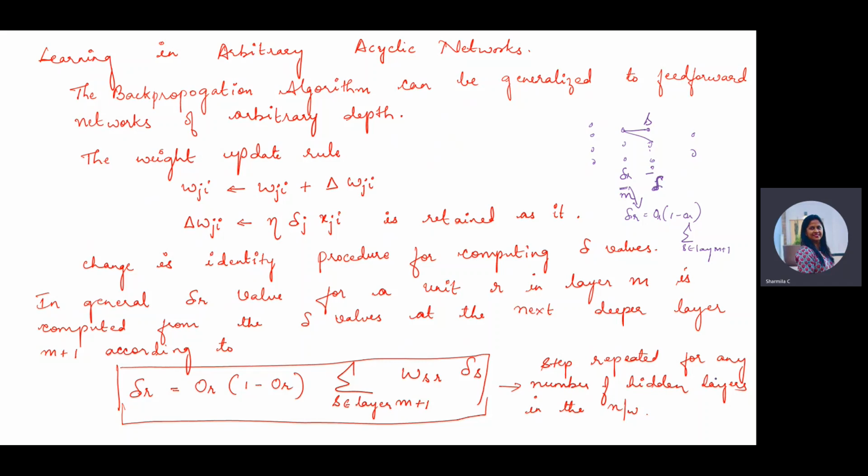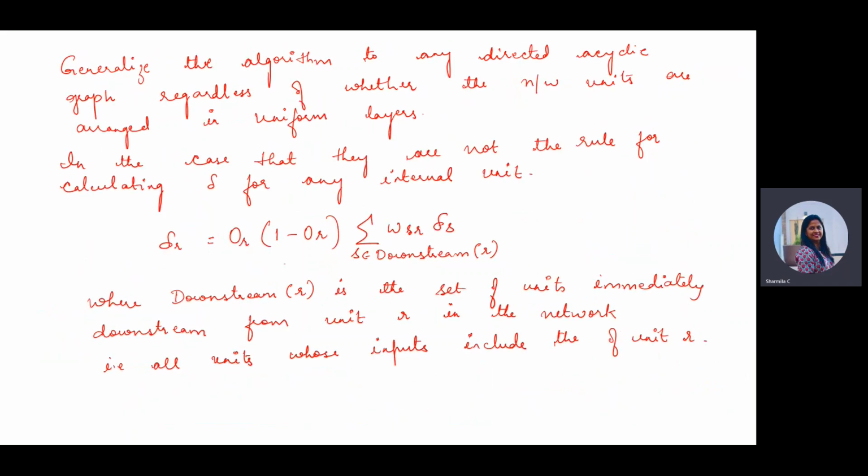This step is repeated for any number of hidden layers in the network. So this is learning in arbitrary acyclic networks, when we have more than one hidden layer, and this is how the error term is calculated. It can be generalized to any directed acyclic graph, regardless of whether the network units are arranged in uniform layers.